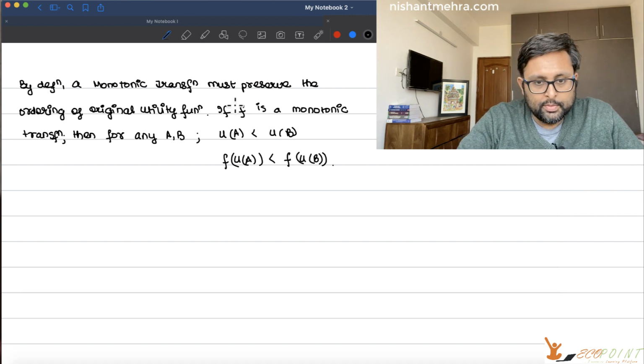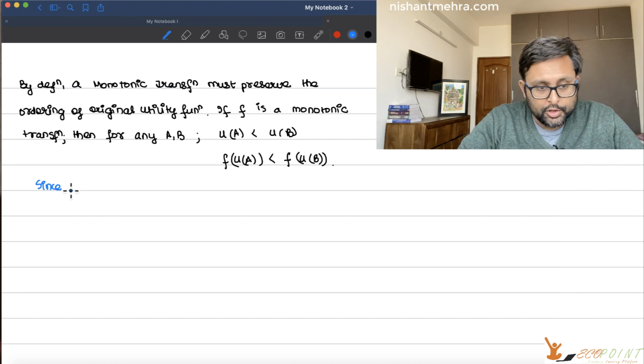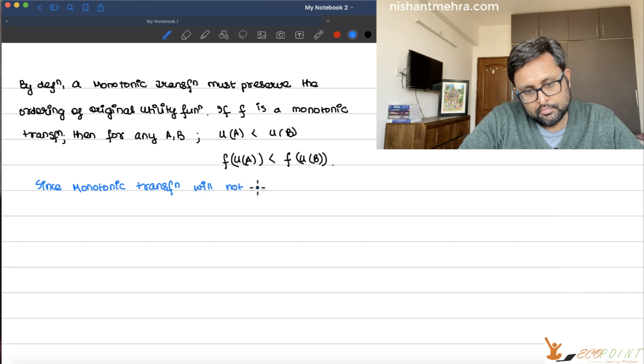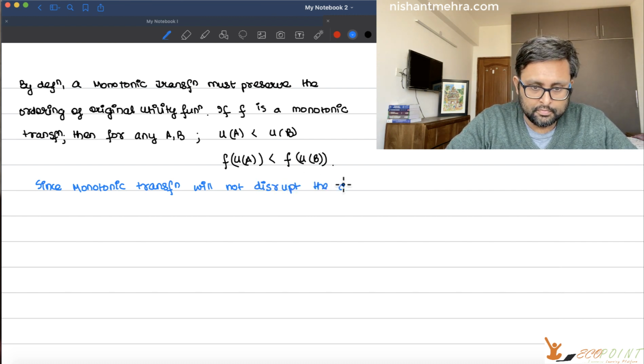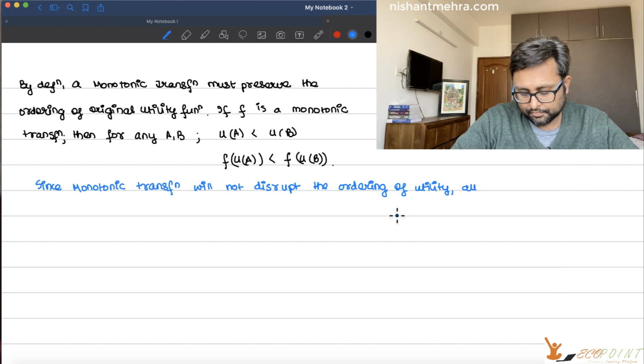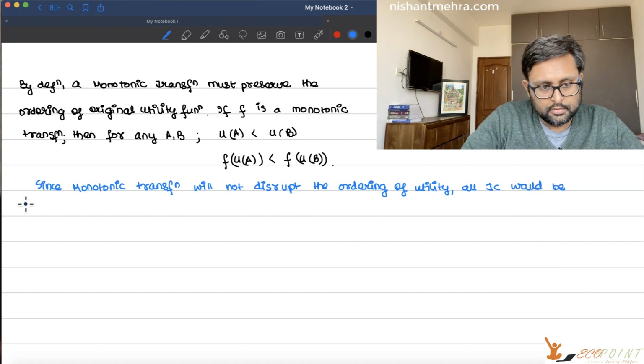So one more point: since monotonic transformation will not disrupt the ordering of utility, all indifference curves would be preserved through the transformation.